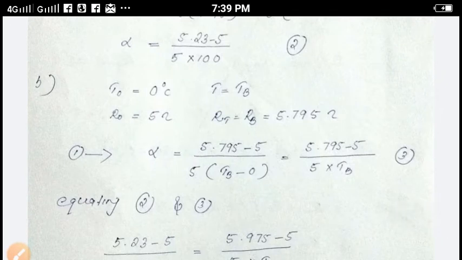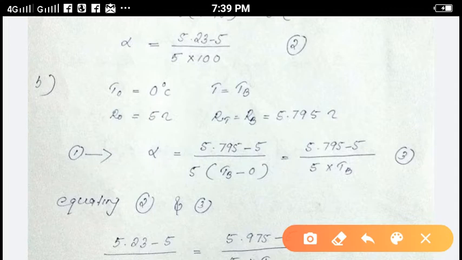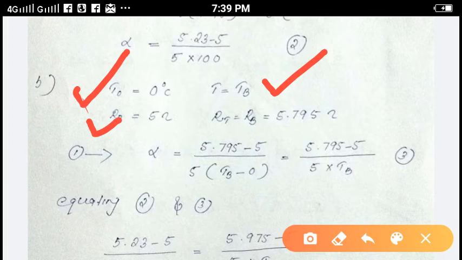Next, again let us take another two sets of temperature. In this set, we can take reference temperature T0 as the ice point itself, that is 0 degrees Celsius, but temperature is equal to TB, that is the temperature of the hot bath. Therefore, the resistance R0, that is the resistance at T0, is 5 ohm, and resistance RT is the resistance at temperature TB, that is when inserted in the hot bath, 5.795 ohm.